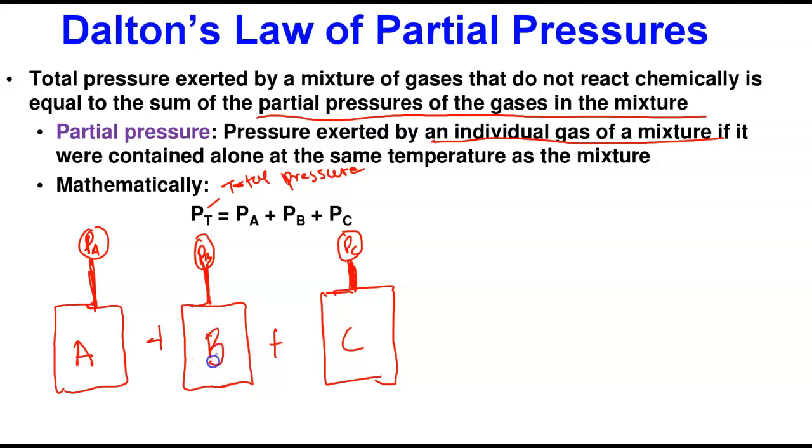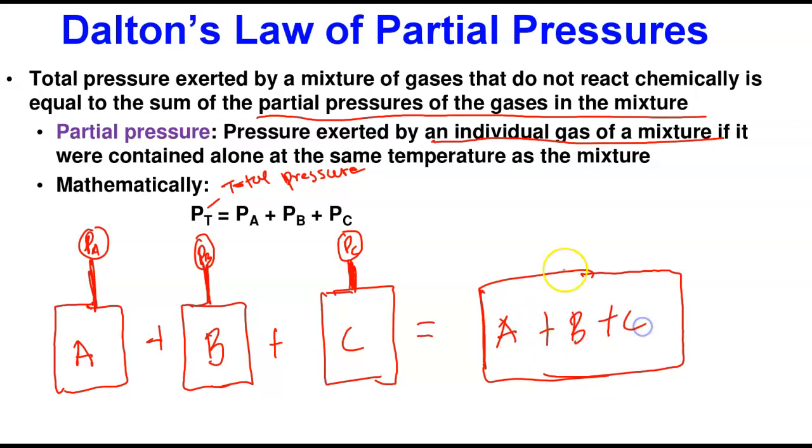However, if you mix all these 3 gases together and you want to know their total pressure, of course, if you mix all of them together, you're going to have more pressure, which is going to be A plus B plus C. So the total pressure, P total, is going to be PA plus PB plus PC.